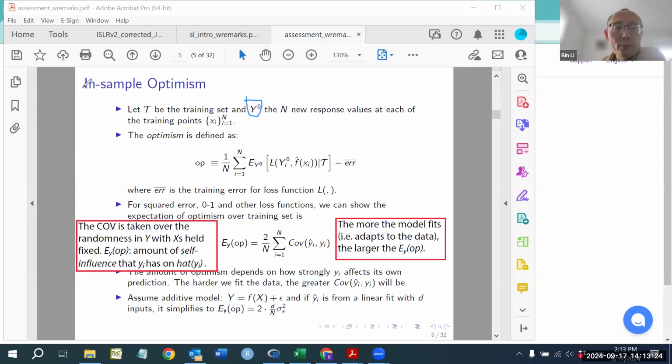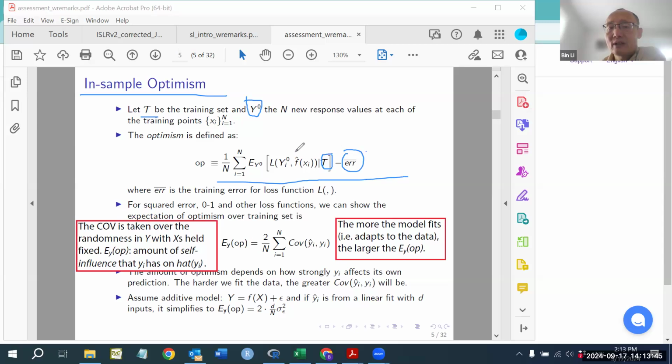So that's the notation. The in-sample optimism is defined as this. This part is the training error, since we have a training set T. And what is this other part?